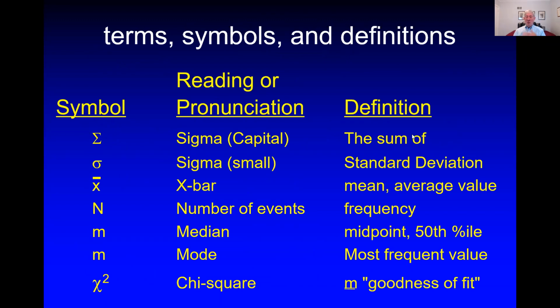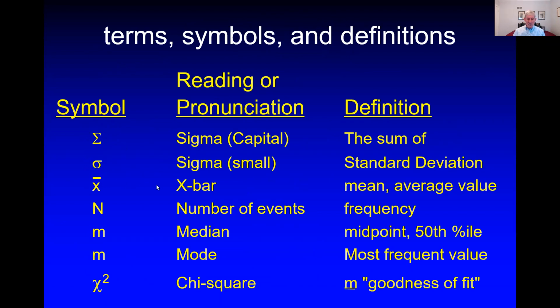It's the sum of all the iterations that are going to follow. This is also sigma, but sigma lowercase is the standard deviation. And to put that in one simple word, it's really the error involved in measuring something, whatever we're going to be measuring, the error involved.